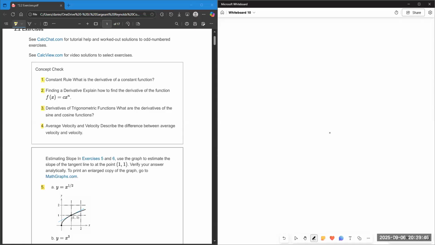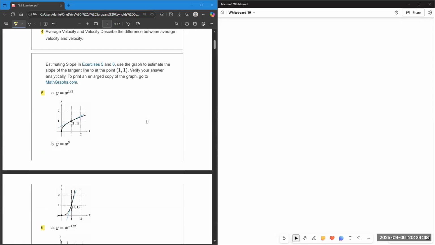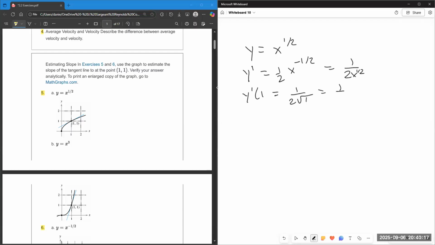And we have estimating the slope with the picture here. Let's actually just find it and see that the picture verifies what we think. y prime is 1/2 x to the negative 1/2. It's 1 over 2 x to the 1/2. So at 1, it's 1 over 2 times the square root of 1, 1 over 2 times 1.